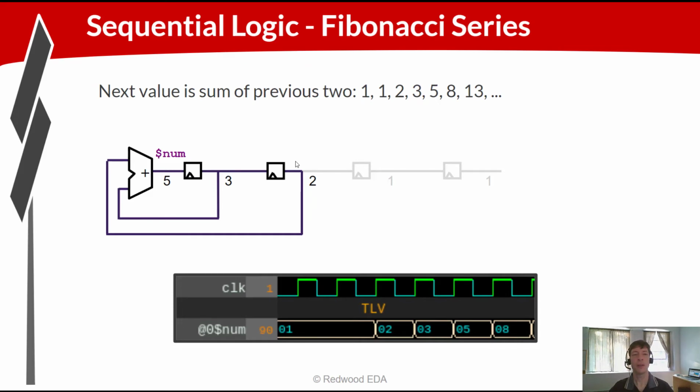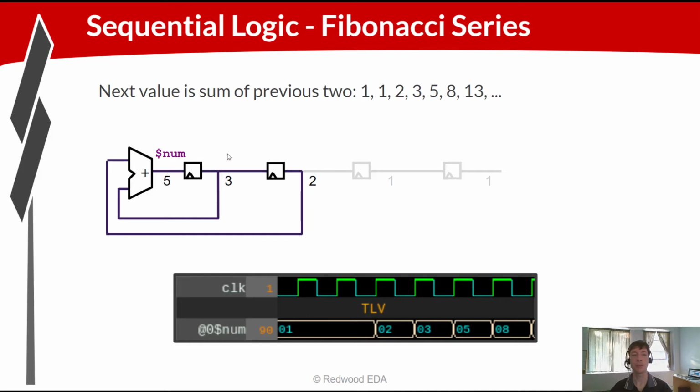And to implement this in hardware, first of all, we need an adder to sum the previous two values. And we need the previous two values. So if num is the current value, each cycle of simulation, each cycle of the clock, we're going to compute the next number in the sequence. And we do that from the previous two numbers, so we need those two values.